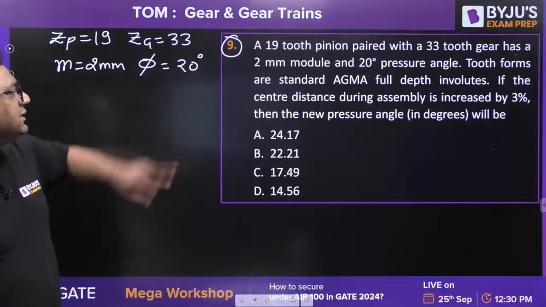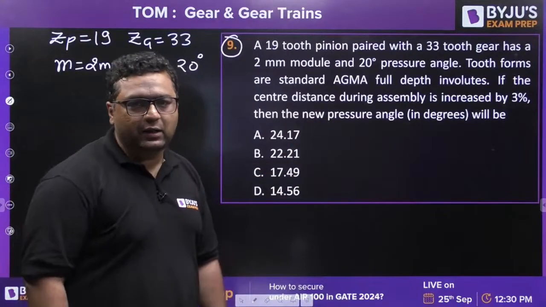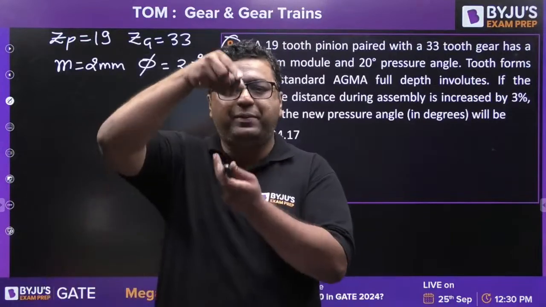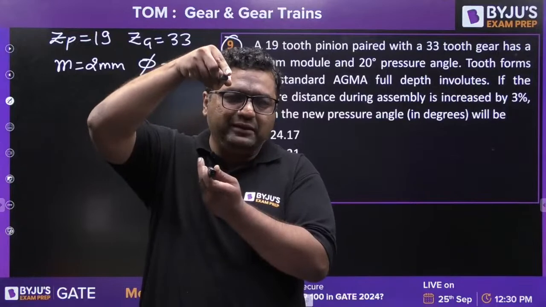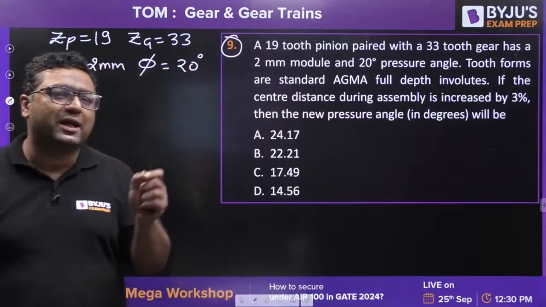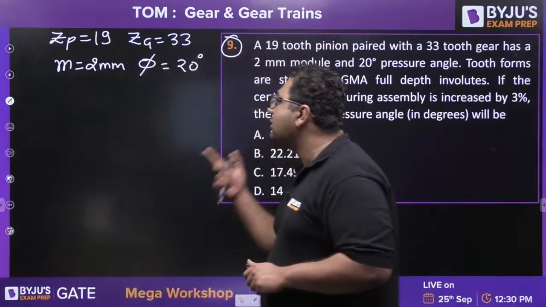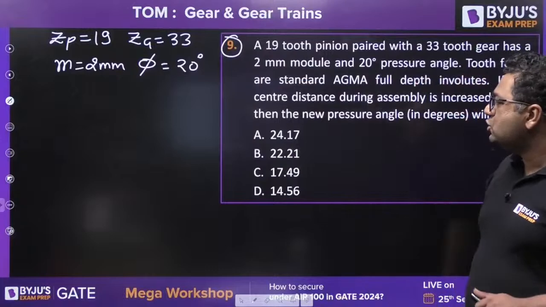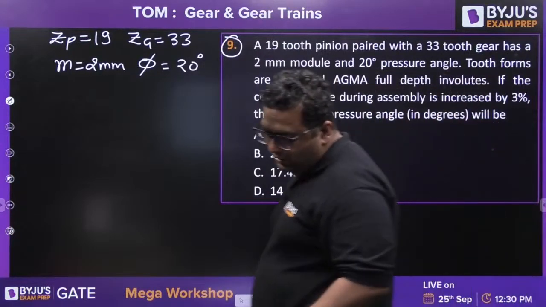What they are saying is that you need to find the new pressure angle. Whenever vibration happens, the axes of the gears will go either away from each other or come towards each other. When that happens, the pressure angle also changes. This question is based on that condition, so try to solve it. I will give you a hint, but first try.